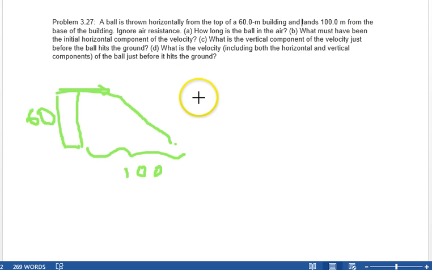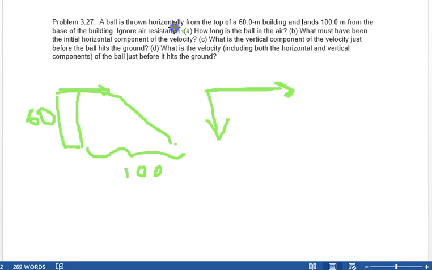Well, remember from lecture, these two components are independent. What's happening in X and what's happening in Y are two different problems. So the question, how long was the ball in the air? The X component doesn't tell us anything at all about that, because in the X direction, it's just going along in X at whatever velocity we threw it at.